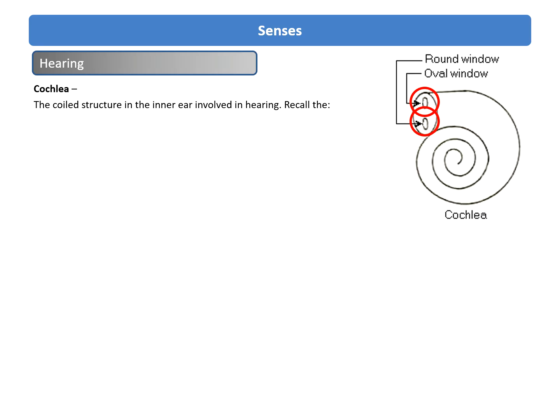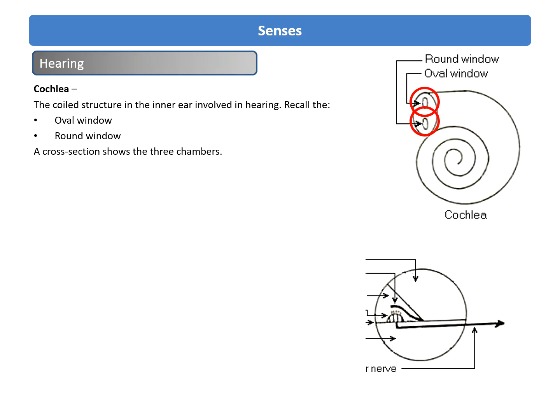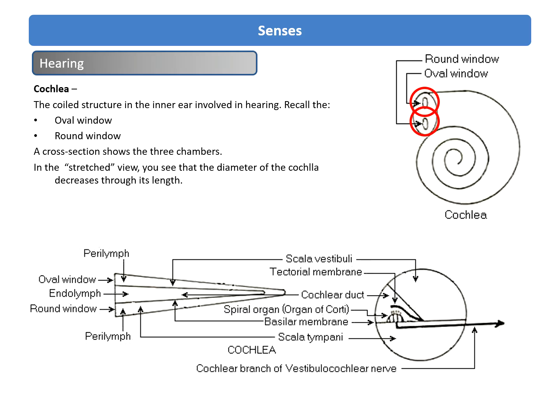The cochlea is a coiled structure in the inner ear, as we said, involved in hearing. Remember, there's an oval window and a round window. A cross-section of the cochlea shows 3 chambers. The 3 chambers stretch through the cochlea.